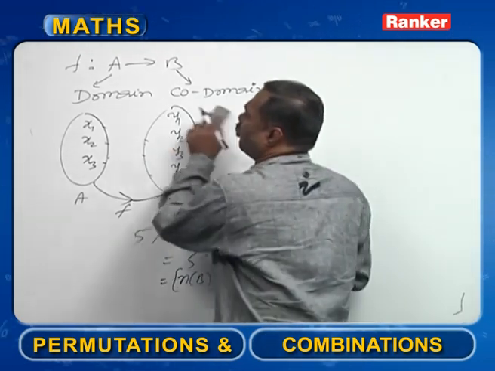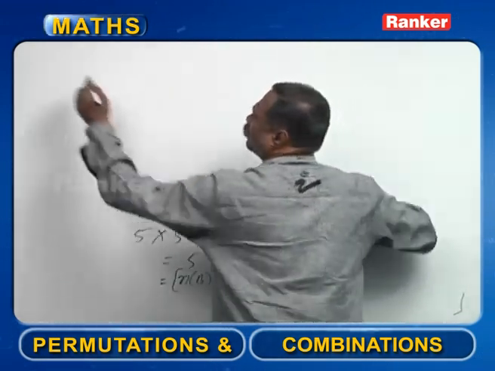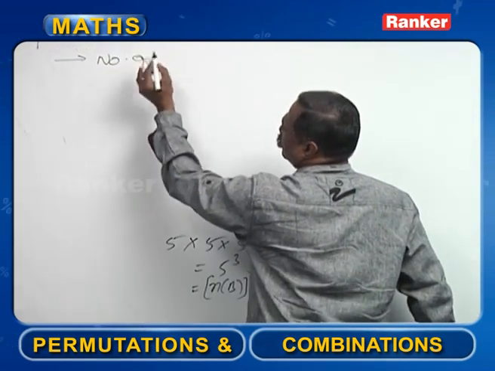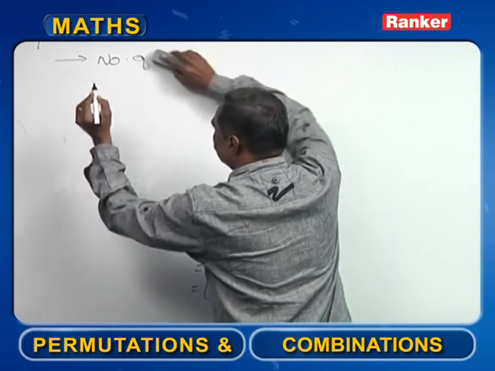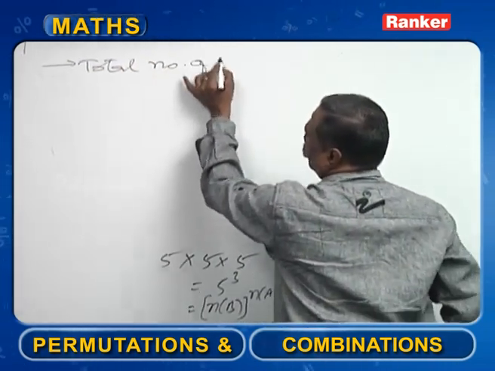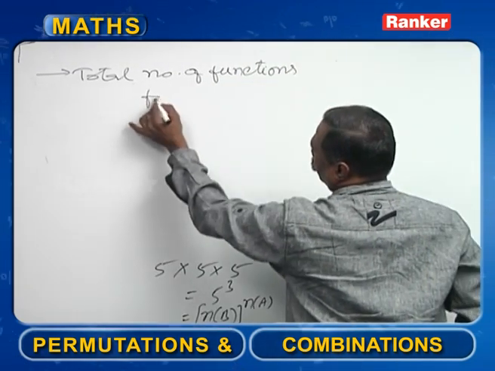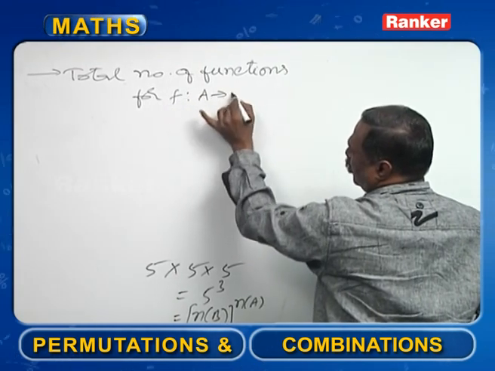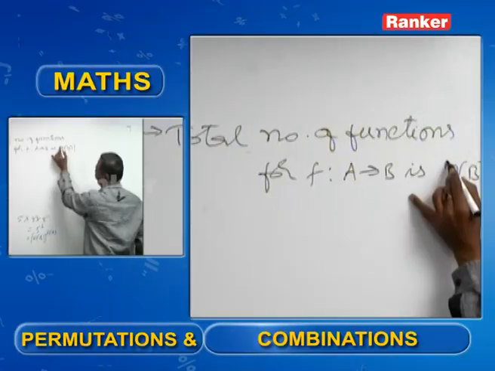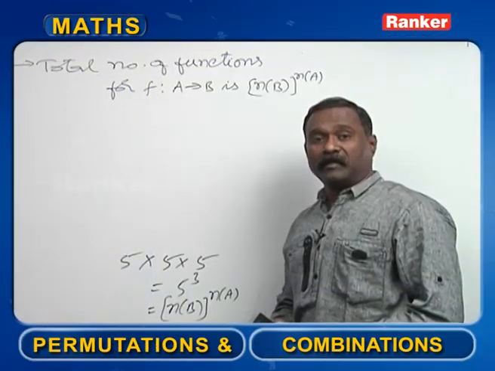So the total number of functions for F mapping A to B is n(B) whole power n(A). Understand it, please.